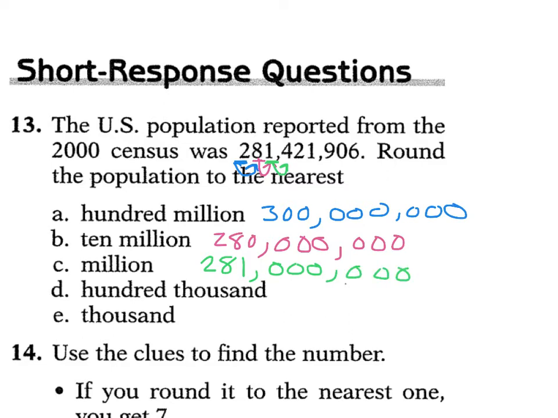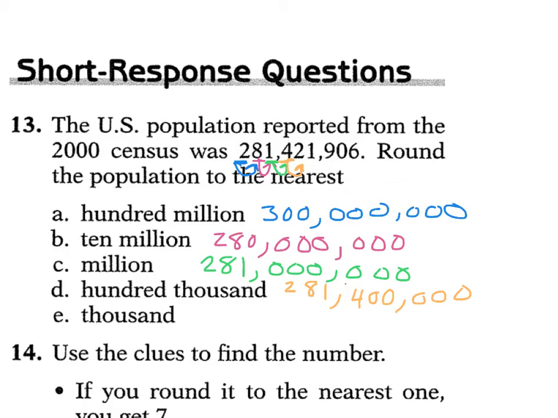For part D, we're rounding it to the nearest 100,000. So we're looking at this 4, and the 2 tells us which way to round it. So since 2 is less than 5, we keep it the same. So we have 281,400,000. We change everything after to zeros.